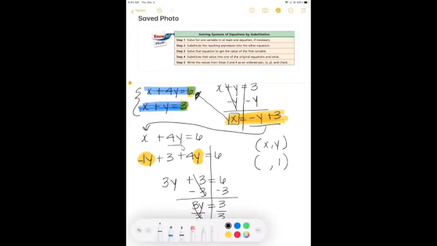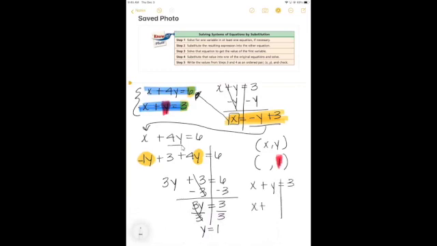So I'm going to take my value for y, which is 1, and I'm going to substitute it in this original equation where y goes. All right, so I'm going to do the second one, x plus y equals 3. And I'm going to say x plus 1 equals 3.